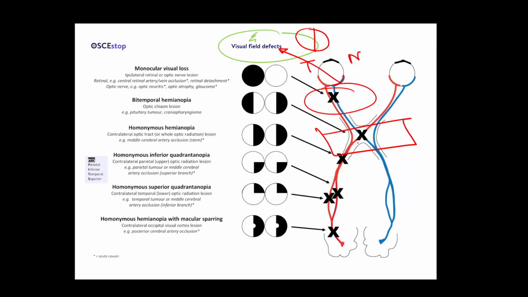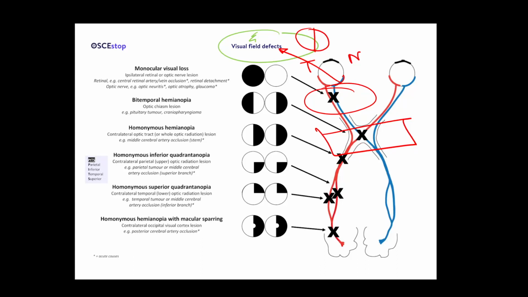Now, if the problem is in the optic chiasma, where the medial parts of the eyes cross one another, usually this happens because very close to this you get the pituitary. If there's any tumor in the pituitary, or a regional tumor such as a craniopharyngioma, it will compromise the nerve fibers that are crossing over.